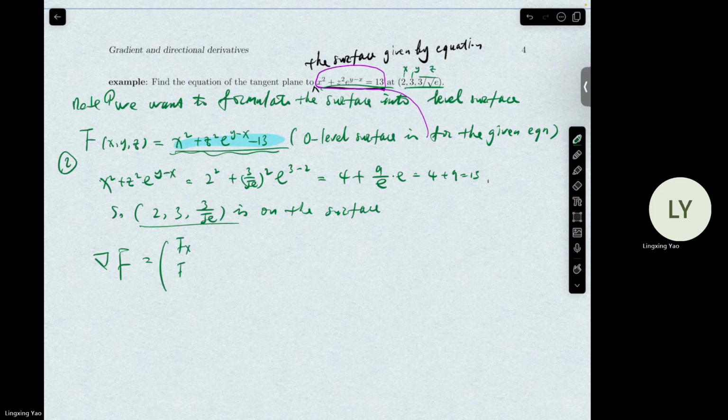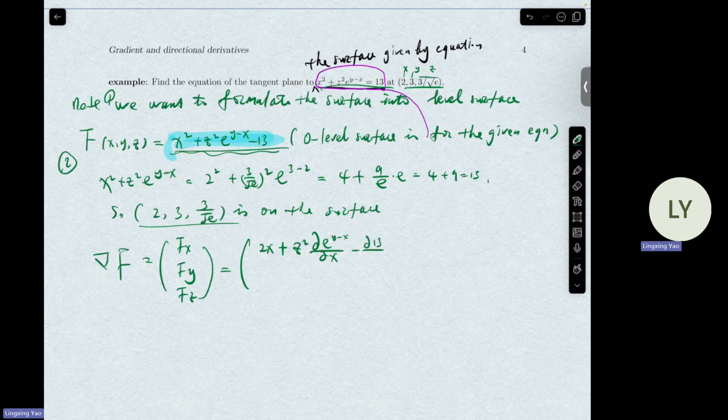Again, three partial derivatives, right? So partial f partial x, emphasize, partial f partial x is 2x plus, well, z squared times partial of e to the y minus x over partial x. Well, yeah, let's keep it.